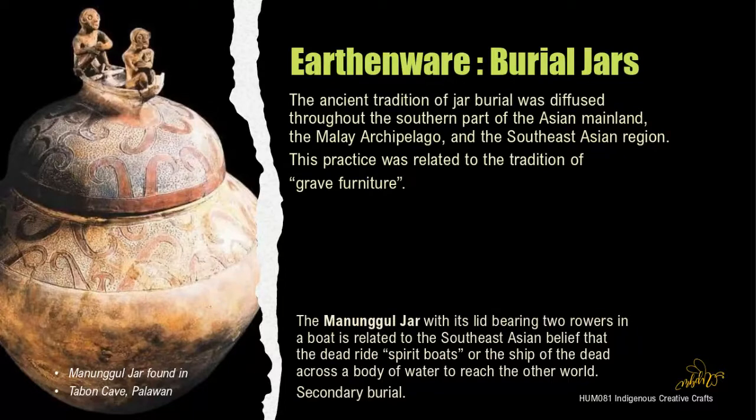This practice was related to the tradition of grave furniture. The grave furniture is in which the dead were buried along with various articles of everyday use, such as eating utensils and weapons, and in the case of the nobility, in some cases with servants even and domestic animals.